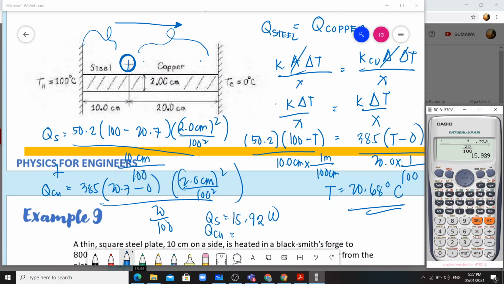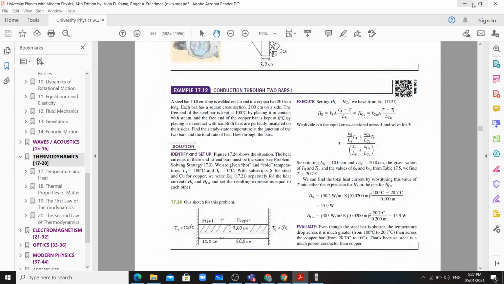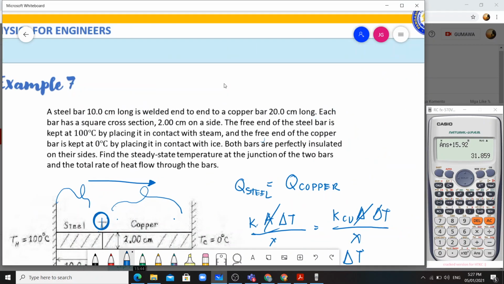Okay, so ito ay 15.94. Okay, so halos equal lang sila, 'di ba? 15.92 equals sa 31.89. Okay, ito. So, tig 15 sila.